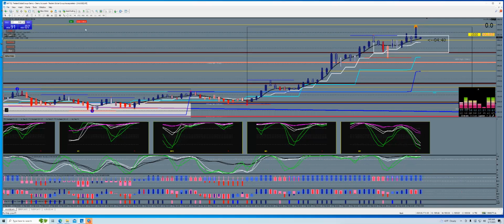I should have got out earlier, but it was just a quick few pips. Now that I got a change in direction, I'll be looking for a continuation trade on the 1 minute.